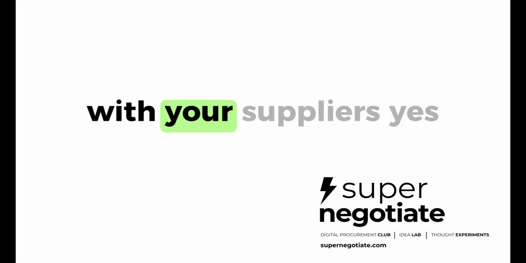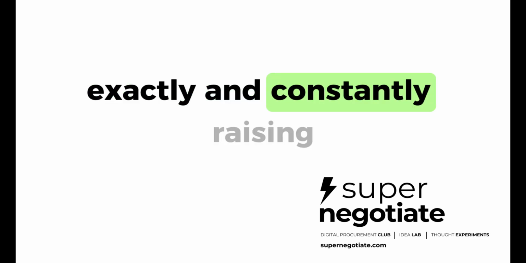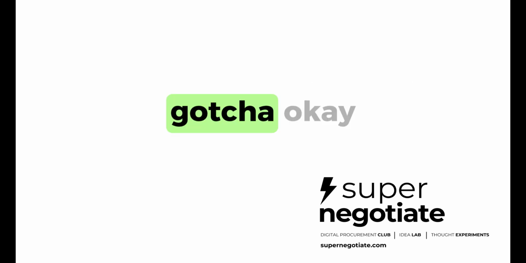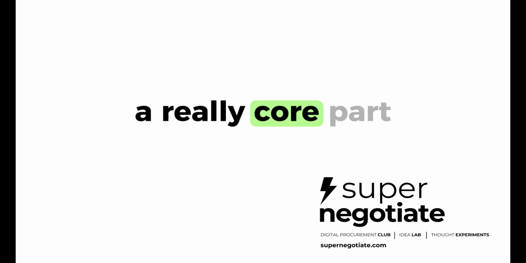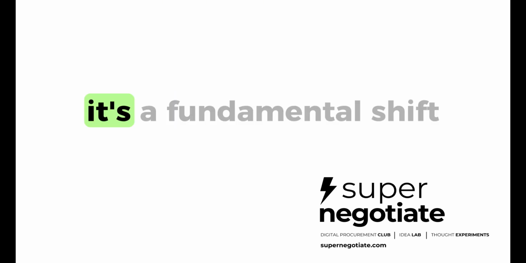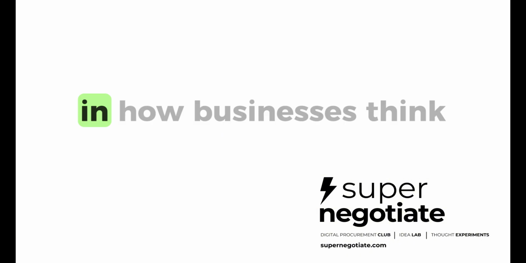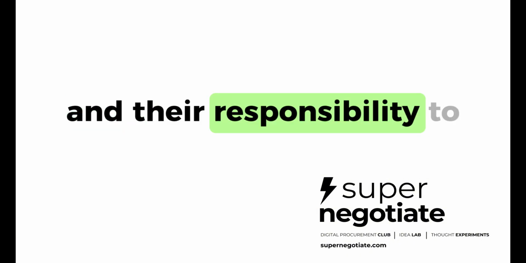So it's about working with your suppliers, providing training and support, and constantly raising that bar. So ethical sourcing is a big deal. It's becoming a really core part of procurement. It's not just a fad. It's a fundamental shift in how businesses think about their supply chains and their responsibility to the world.